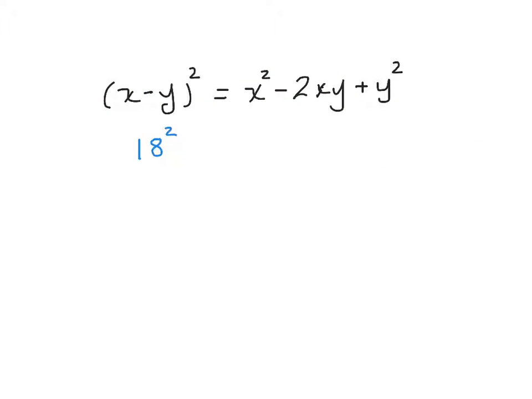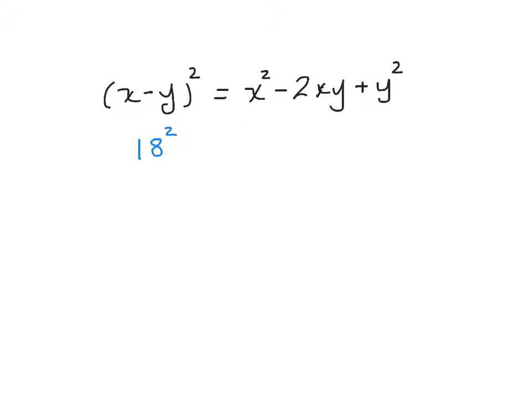Here's another polynomial identity. It's again a perfect square, only here we're subtracting two numbers, squaring it, is equal to x squared minus 2xy plus y squared. So let's use this polynomial identity to determine what 18 squared equals.